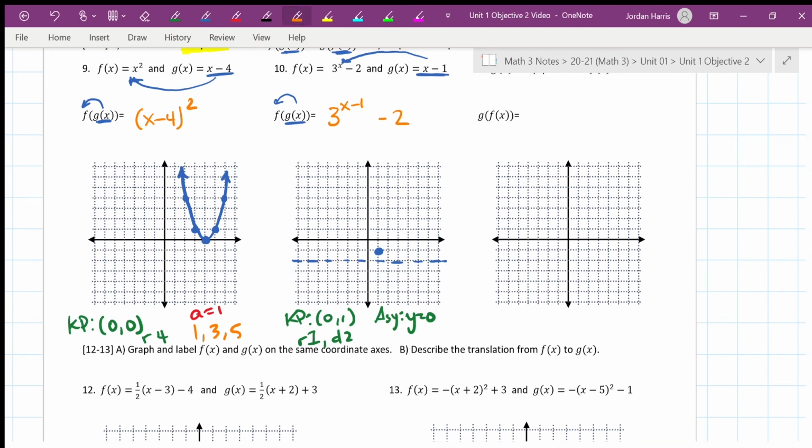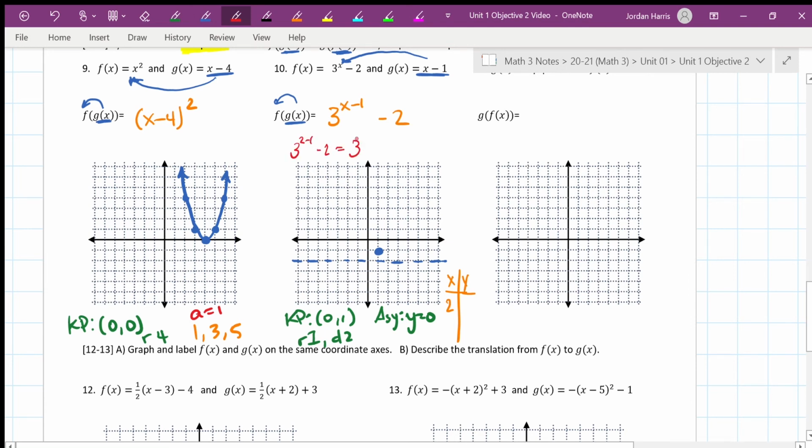And remember, the easiest way for exponentials to get new points is plug in things. So I'm going to plug in, you go to this key point and go to the x value right to the right of it. So that's 2, and I'll plug that in. So I get 3 to the 2 minus 1 minus 2.